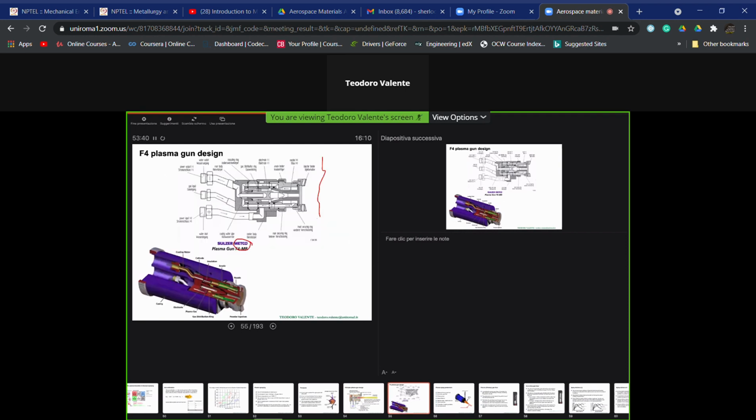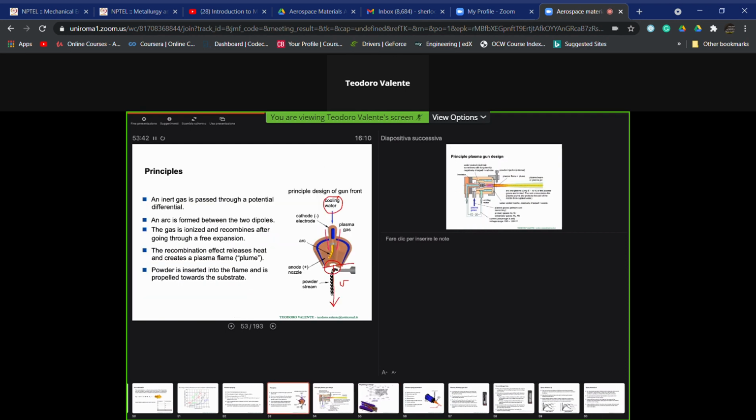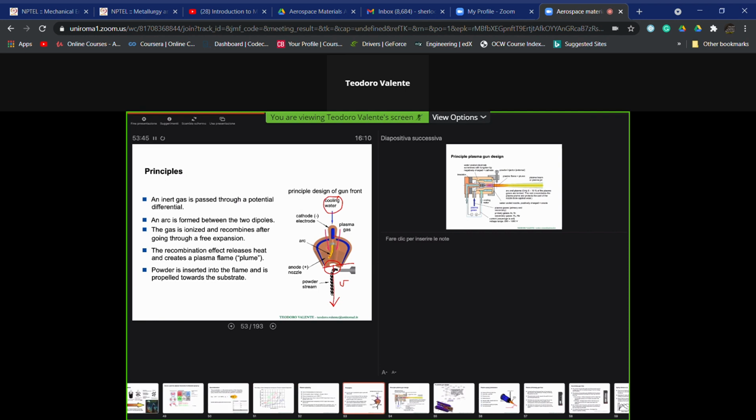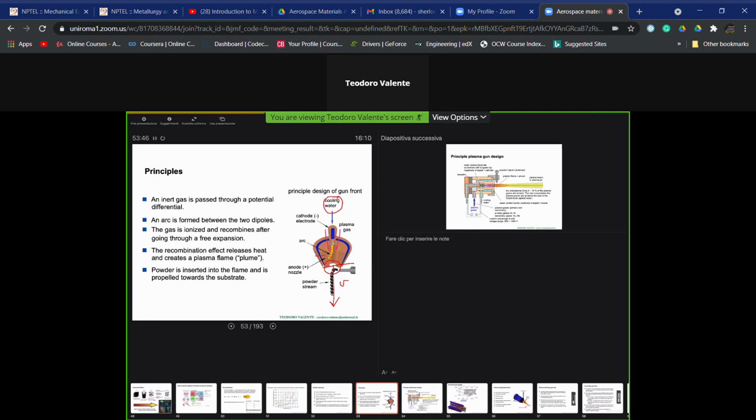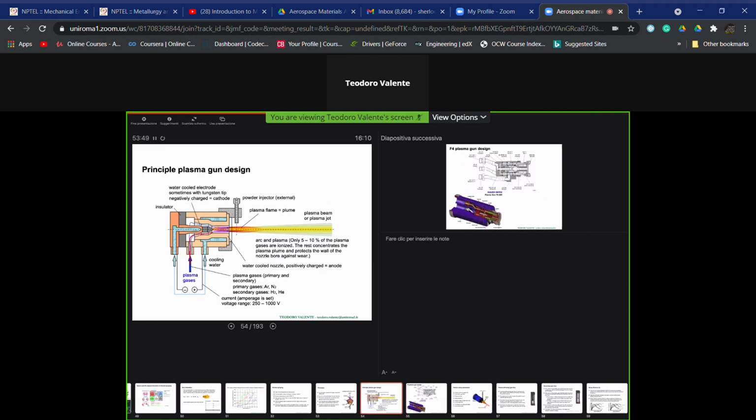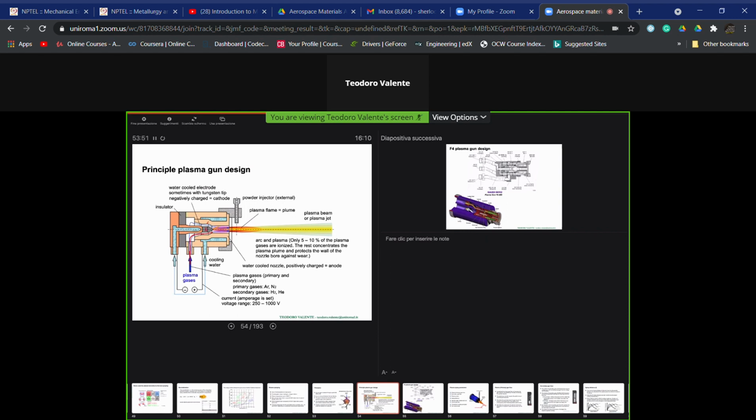Sorry, this one is the cathode, and this one, the annular space, is the anode. They are metallic materials, because we need to establish an electric arc. We cannot think to use ceramic materials in this case.